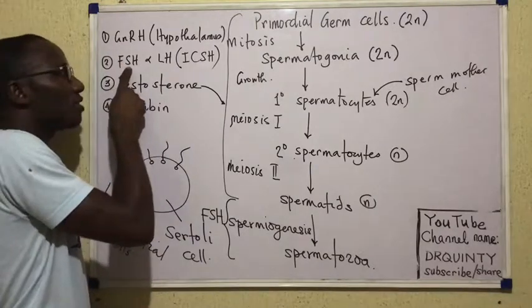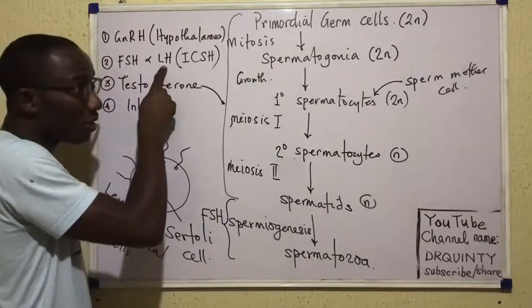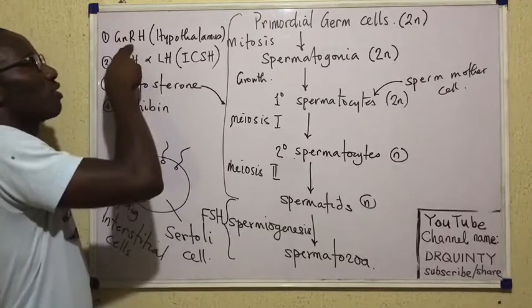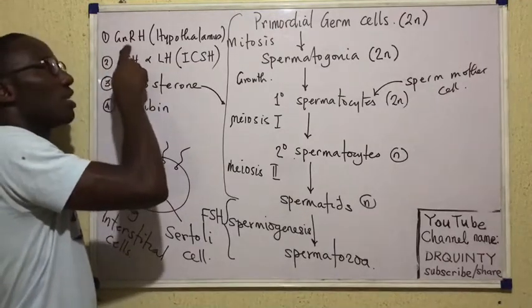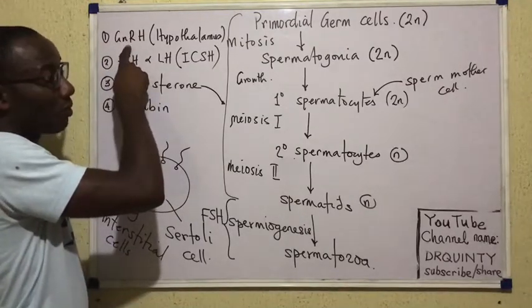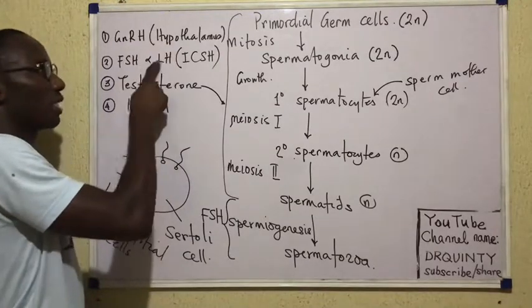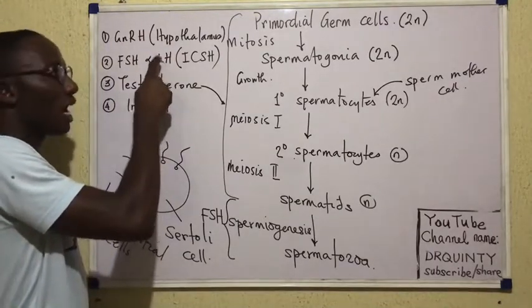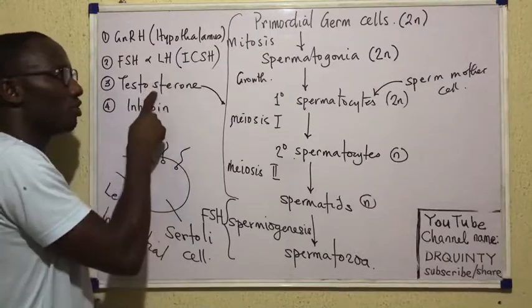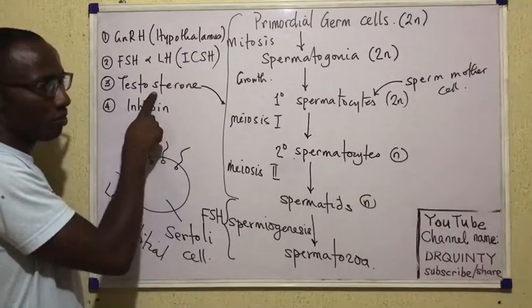So FSH and LH production is under the influence of GnRH. If GnRH is not produced by the hypothalamus, then you don't get FSH and LH. And if you don't get LH, it means you don't get testosterone.